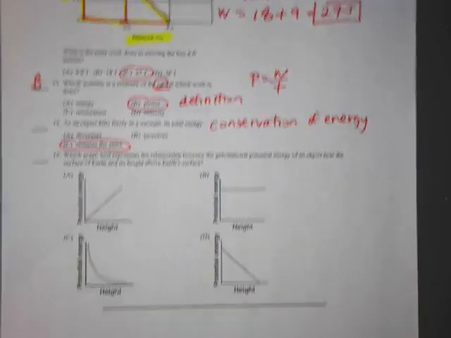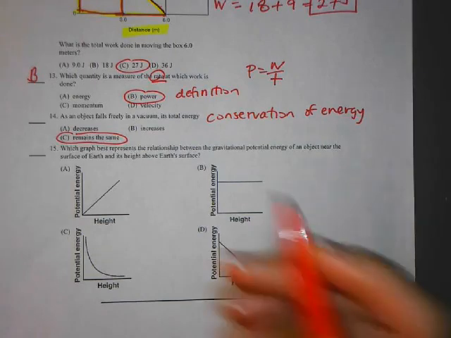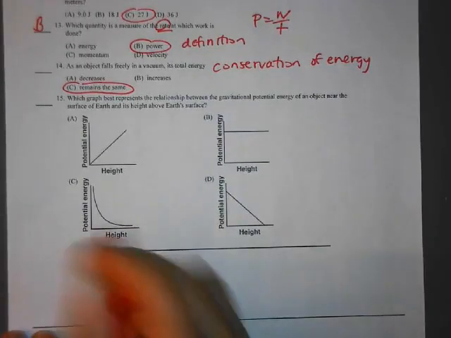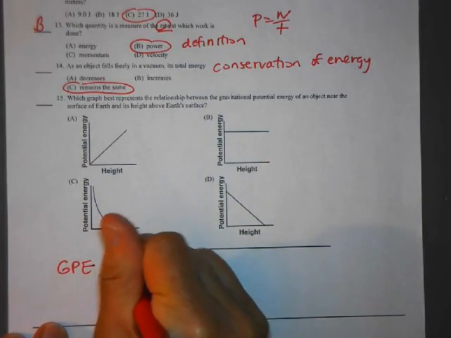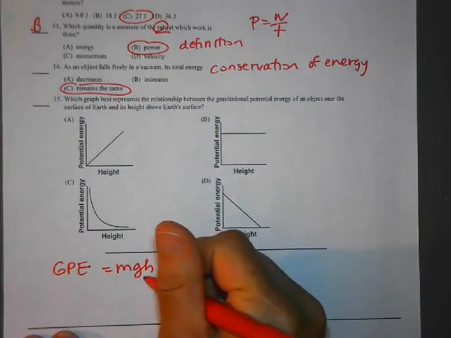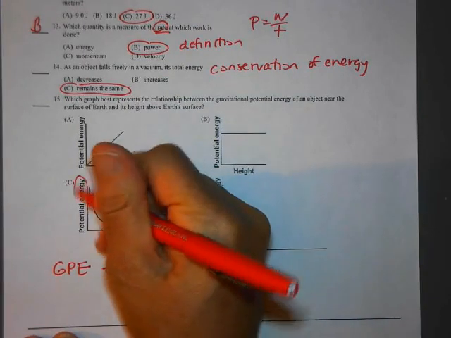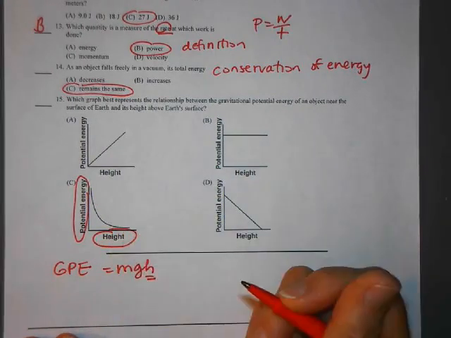And number 15, which graph represents the relationship between the gravitational potential energy of an object near the surface of the Earth? So we know that gravitational potential energy is equal to mgh, okay? So we have potential energy versus height. This is the mass, which is constant.